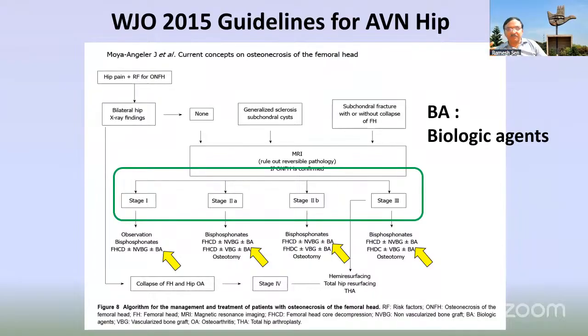In the 2015 guidelines published in the World Journal of Orthopaedics, they definitely found that we give bisphosphonates to all of them, but we do add the biological enhancement in all of them. Whether you do osteotomy or don't do osteotomy, whatever the stage is, they felt the biological agents must be added.